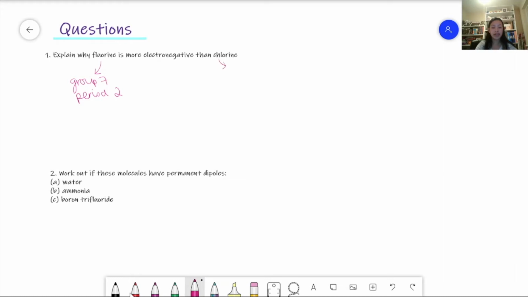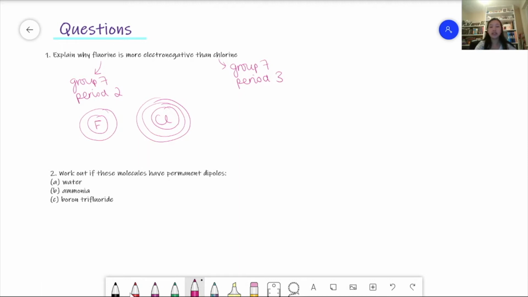And chlorine is also in group 7 and in period 3. Now we know that atoms gain more electron shells going down the groups. So that means that chlorine has an extra shell compared to fluorine. So fluorine has 2 shells and chlorine has 3 shells.